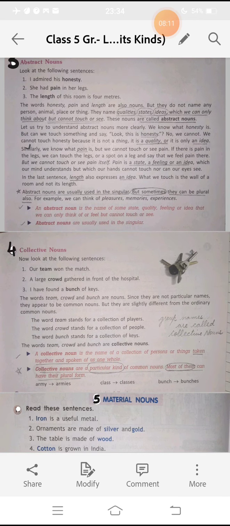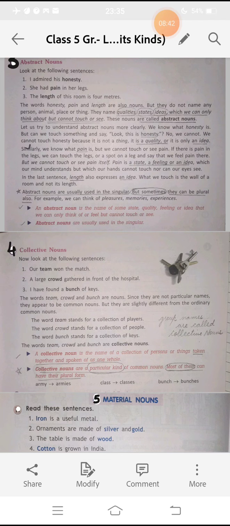Next comes one more important thing, children. We will read the sentences in red. Before that, the part which I have put a star, please focus here. Abstract nouns are usually used in singular form, but sometimes they can be plural also. Please mark it, it is sometimes only. For example, we can think of pleasures, memories, experiences.